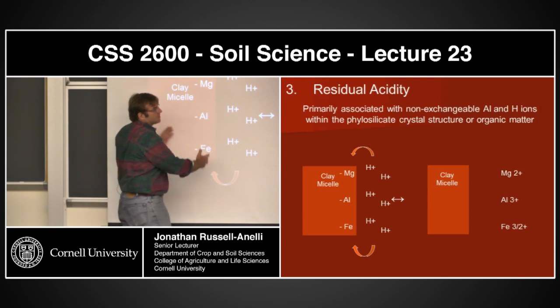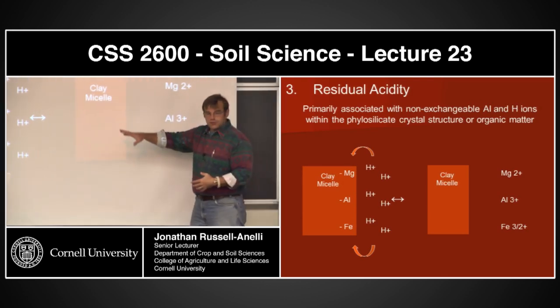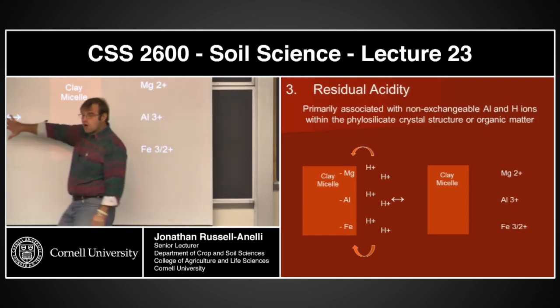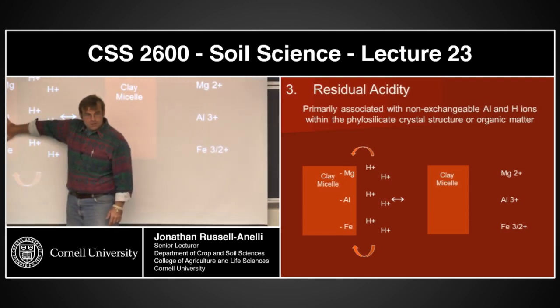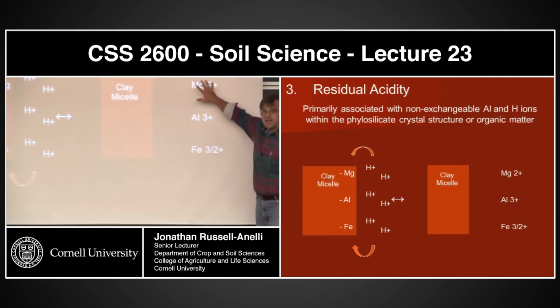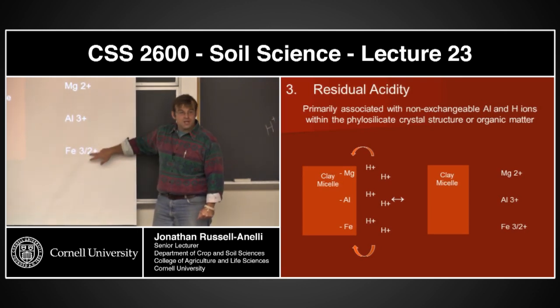You can see that the clay micelle in this example gets smaller. The protons are still in solution, but I now have these guys that were once part of the structure. I now have them in the soil solution. Okay, they are now part of the active soil solution. These guys are not going to contribute to pH other than acting as bases. This guy potentially will hydrolyze water and actively increase the acidity of the soil solution or the active pool.